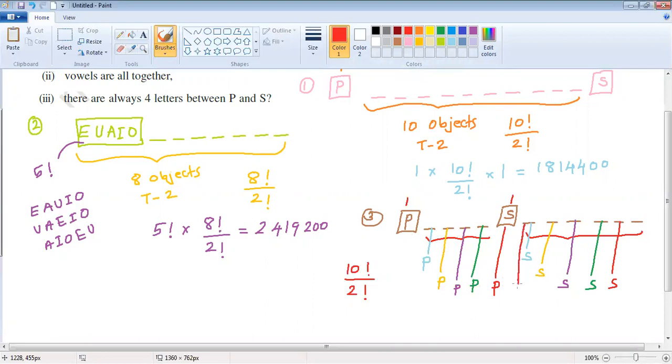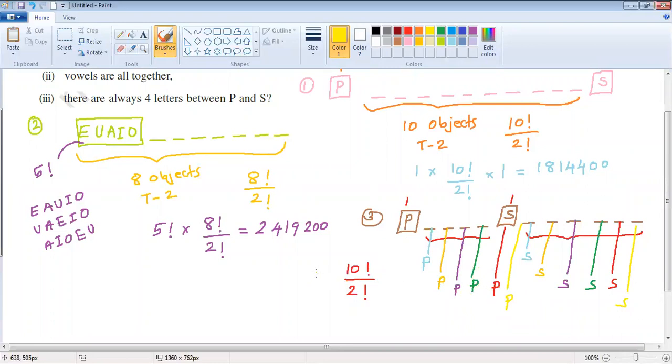Again, P can come in the 7th position, S in the 12th position. So that means 7 different positions.